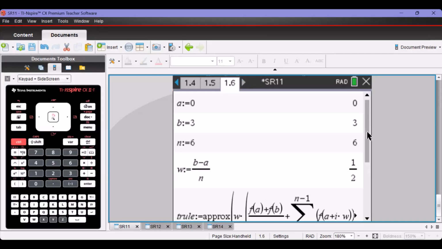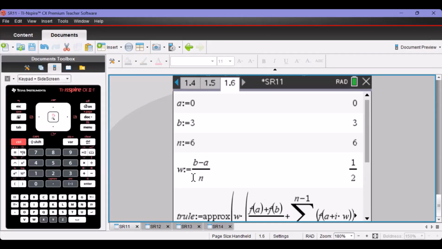You can assign A to be equal to 0, and you can assign B to be 3, and we're using the control symbols template for the assign command. We've got 6 strips, so you can assign N to be 6. Now W, the width of each strip, is equal to B minus A over N, so you can assign that.